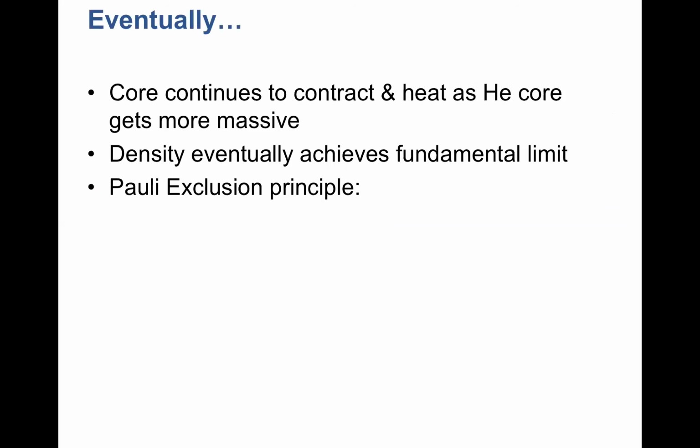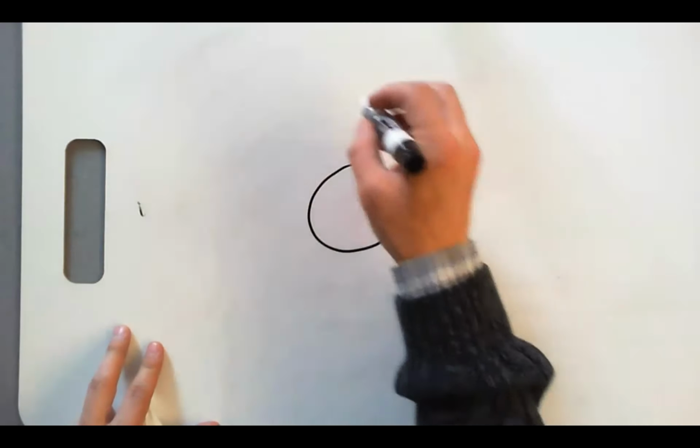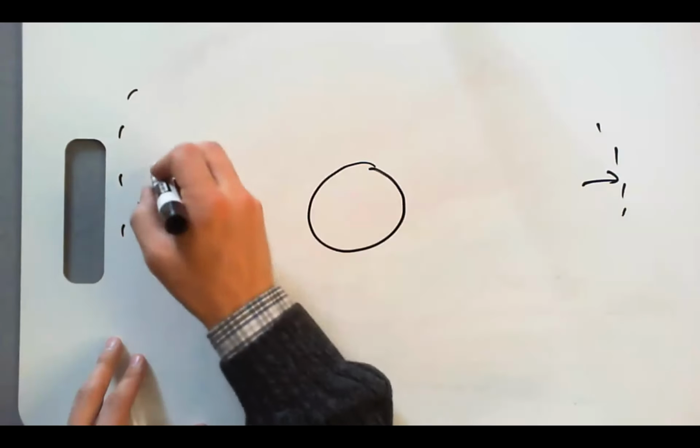Okay, so eventually things start to happen in a weird way. So let me erase my previous thing and bring back my whiteboard. Okay, hopefully you can see that. And let's draw our star again. So here is, again, the region of the star where hydrogen is burning. The outer part of the star is sort of out here, although this is not to scale anymore.